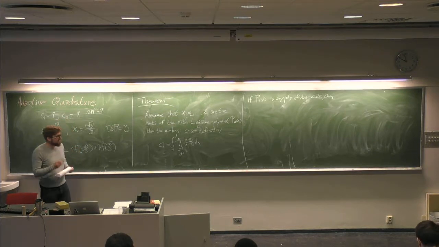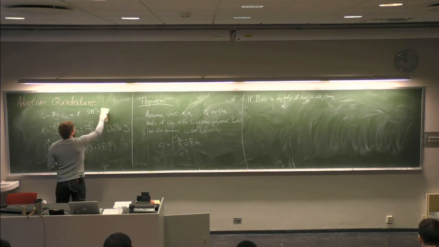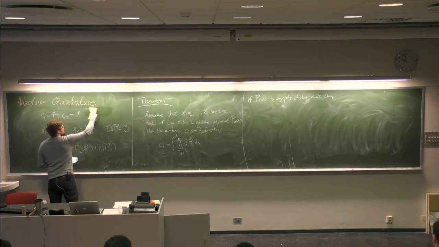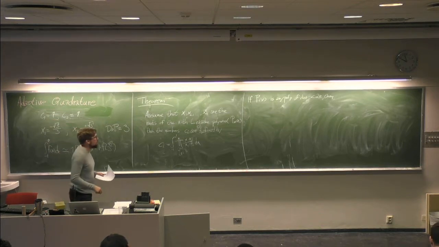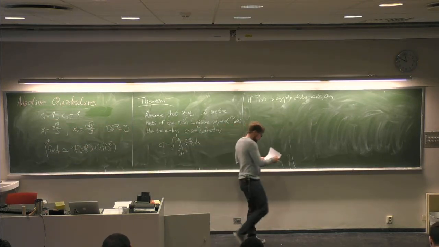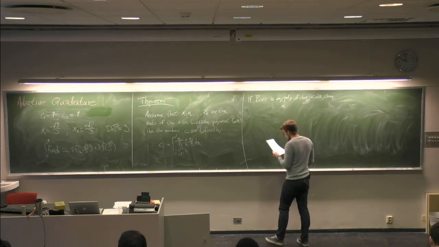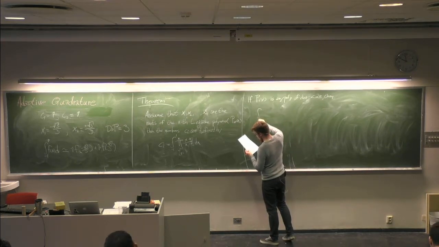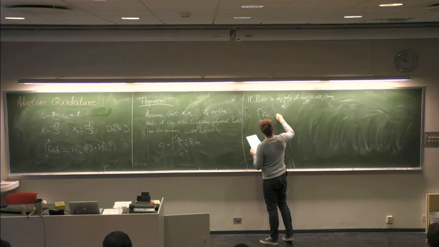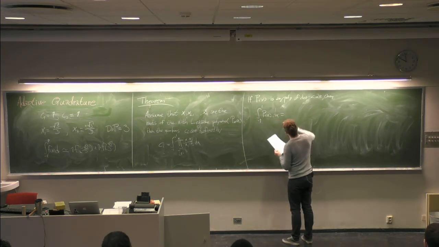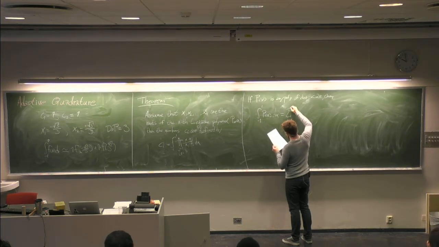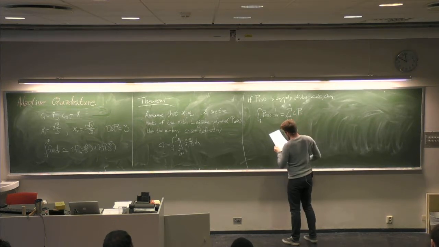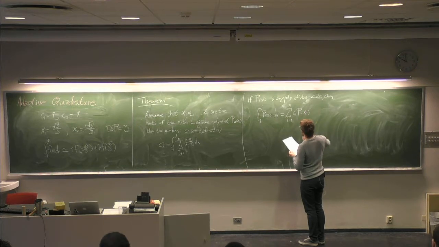My apologies. Anyway, the integral from -1 to 1 of p of x dx equals the sum from i equals 1 to n of ci p of xi, like so.